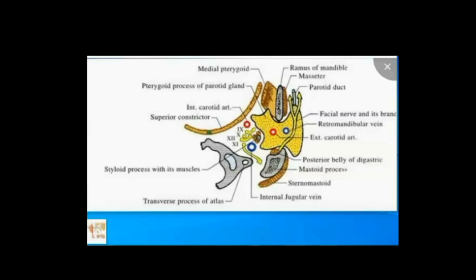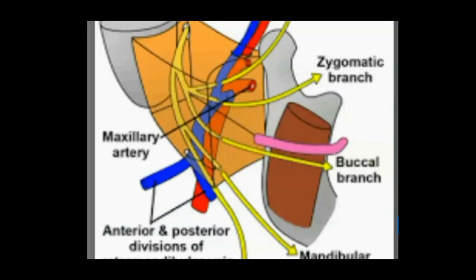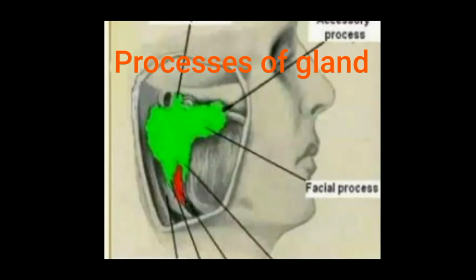And the facial nerve divides the gland into 2 parts, superficial part and deep part. In case of superficial parotidectomy, we should be very careful. We are removing the gland which is superficial to this facial nerve. You can see here how the structures pass through this gland between mastoid and mandible, and how the facial nerve divides into 2 trunks, temporofacial and cervicofacial.